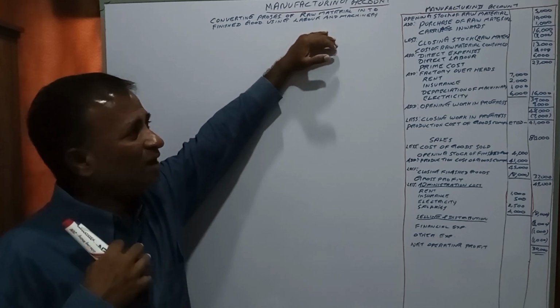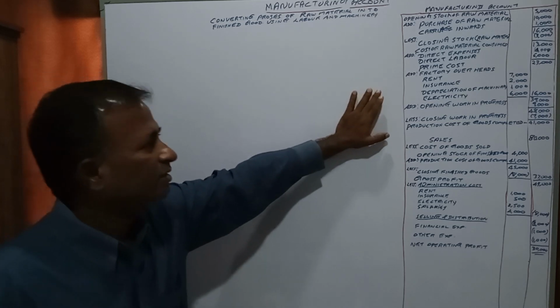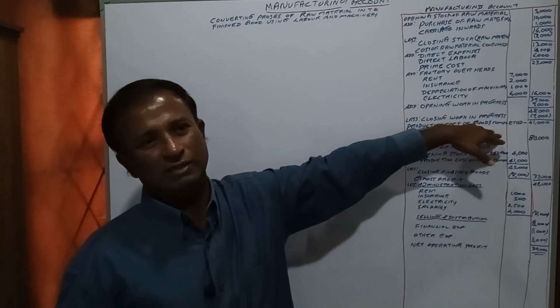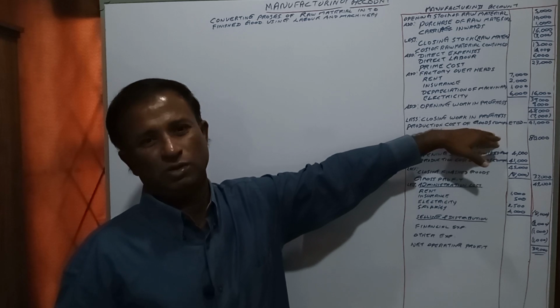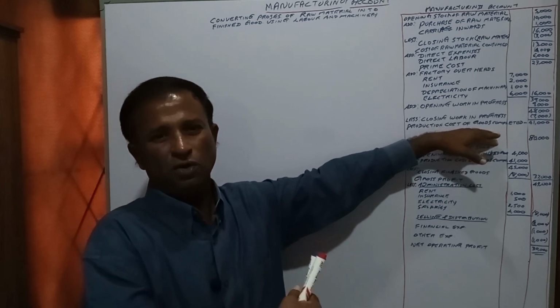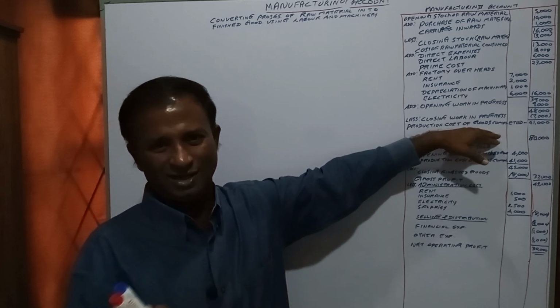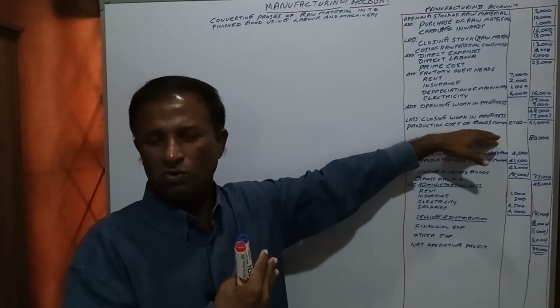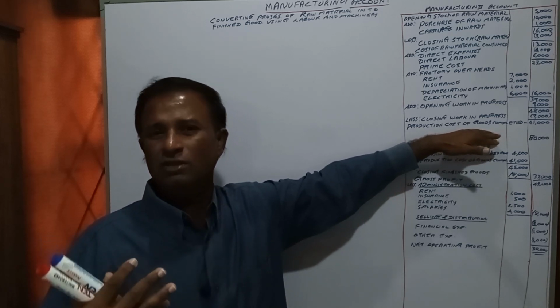Because we have to ascertain the production cost of the goods completed. We should know the production cost. Then only can we be involved in the trading activity, right? Without knowing the production cost, how can you be involved in trading activity?